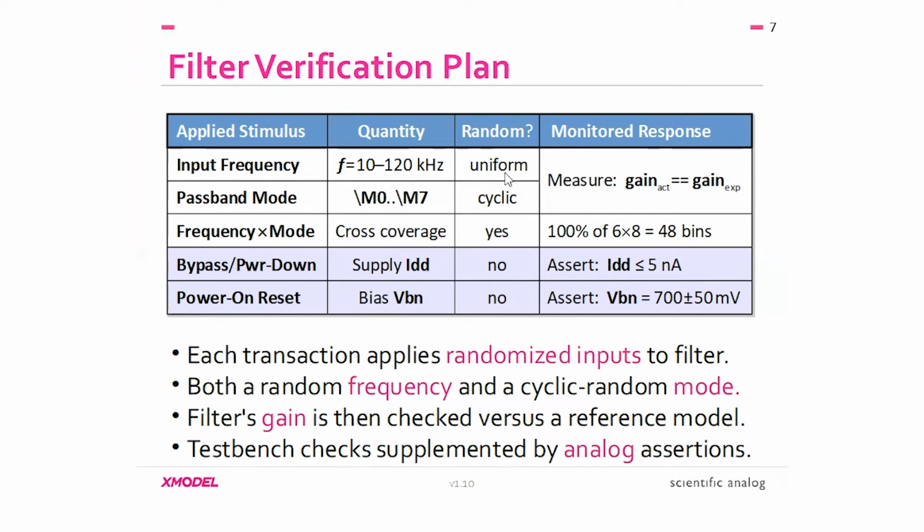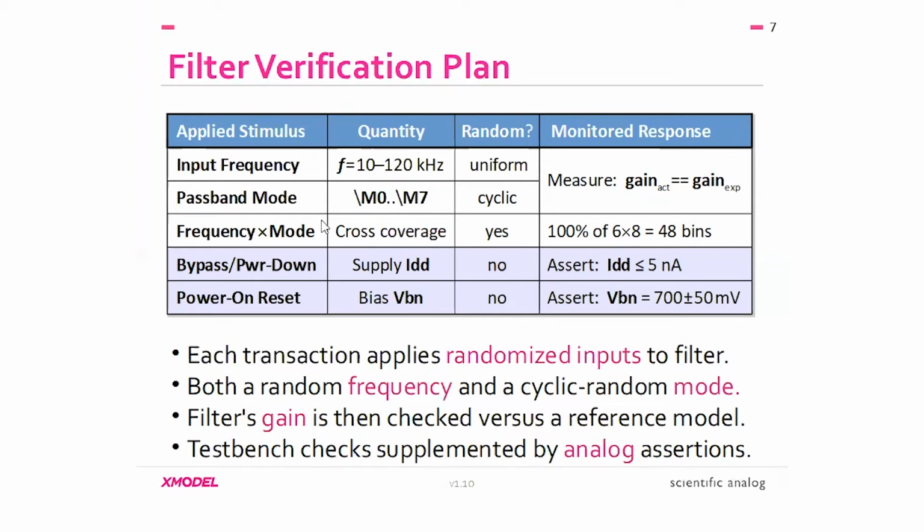They'll be uniformly distributed. And we'll also apply randomized modes, any of the 8 modes. And we'll show later how to make these cyclic to minimize repetition of the modes. The scoreboard will compare the actual gain versus the expected gain.